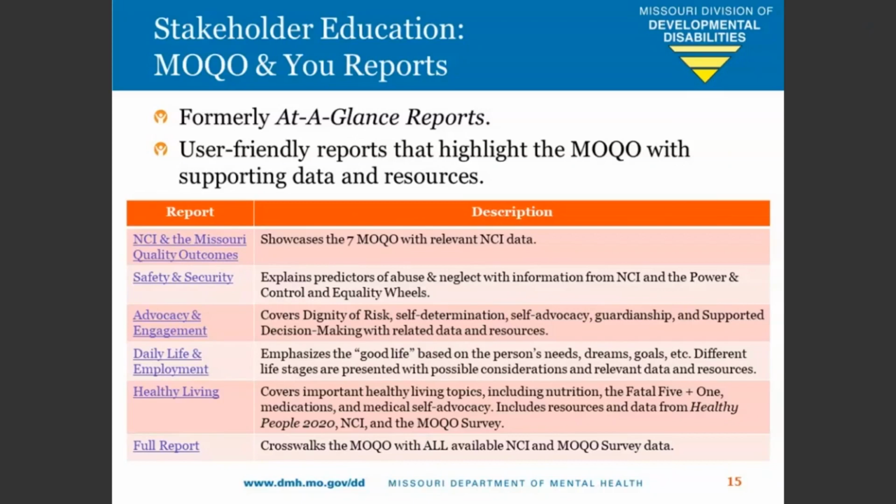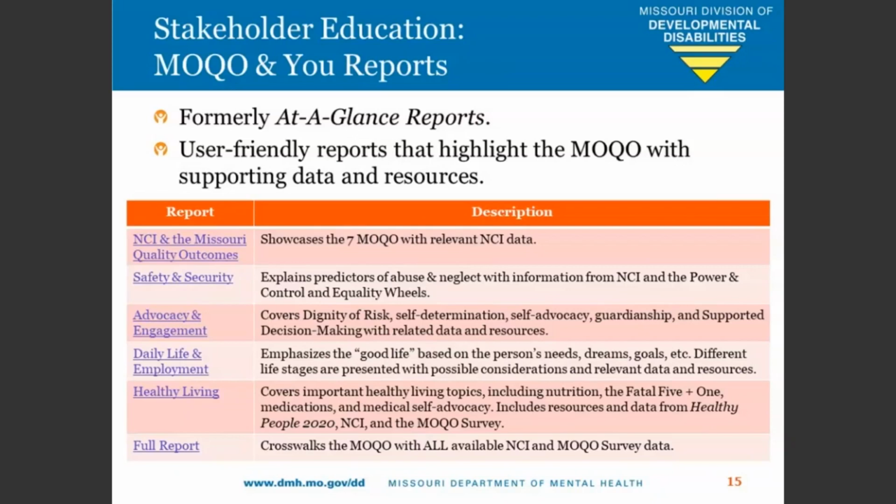It goes over the physical five plus one, and it also talks about medications and assistive technology that can help with health and healthy living. It also talks about medical self-advocacy, and it has some COVID-19 resources. So that report is also available out there.